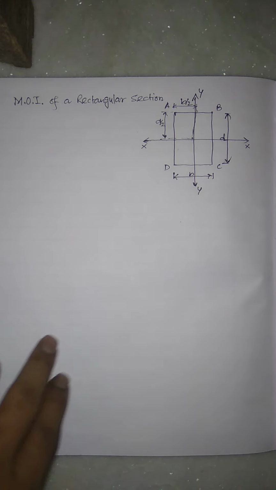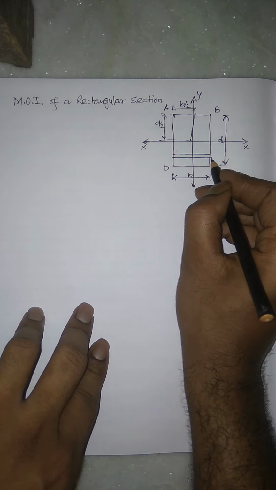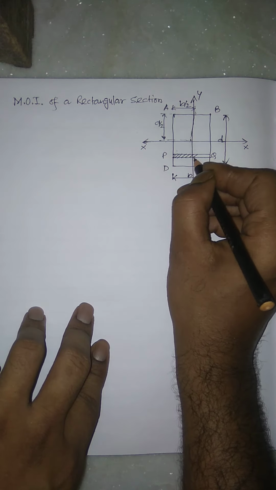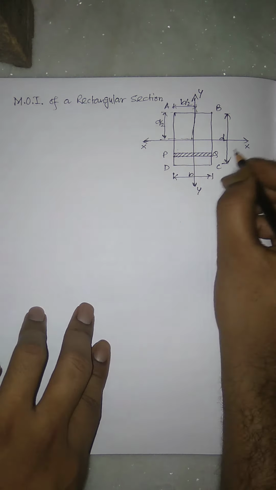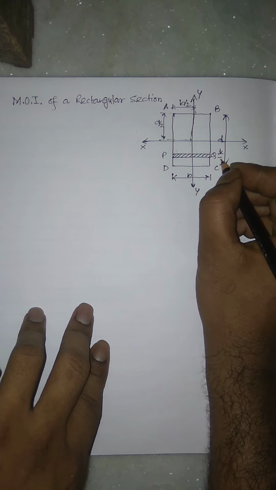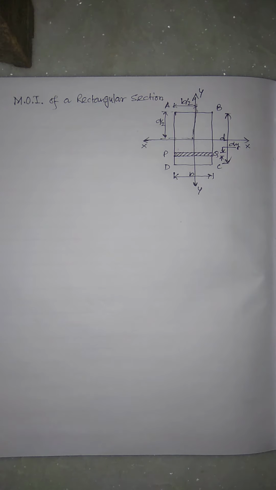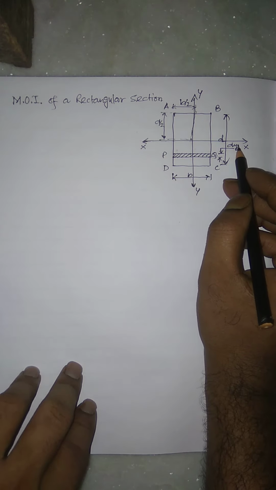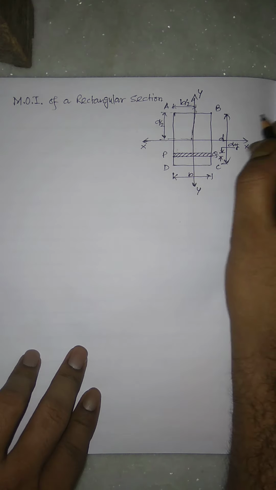Now consider a small strip, that is PQ. This is a small strip of thickness dy, and it is parallel to the x-axis and at a distance y from this x-axis.